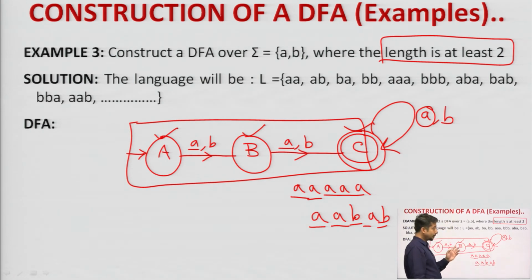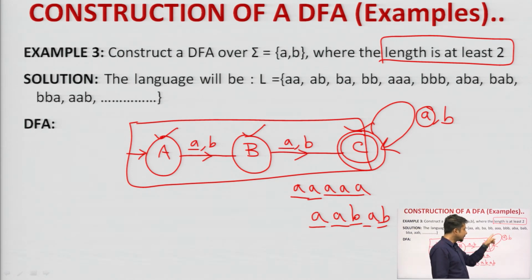You might be thinking that from state C this is a self loop, so the self loop can be multiple times, then where do the DFA restrictions arise? Yes, DFA says that for every input symbol there should be exactly one transition coming out. Do not look at the self loop concept as multiple transitions going on. No, DFA says that for every input symbol there should be exactly one transition which can go to another state or which can go to itself. Clear? So, this is about the third question.